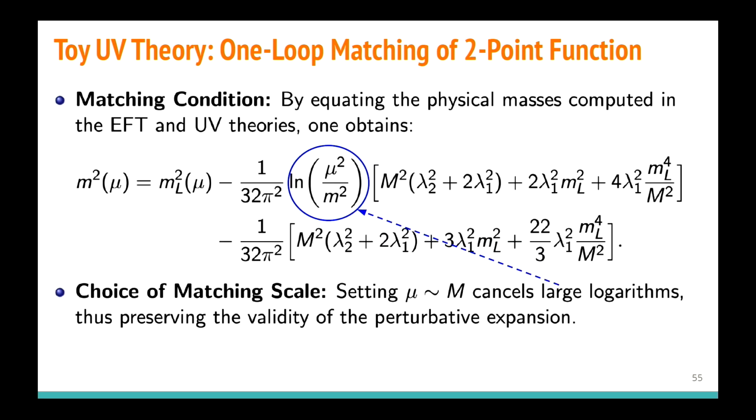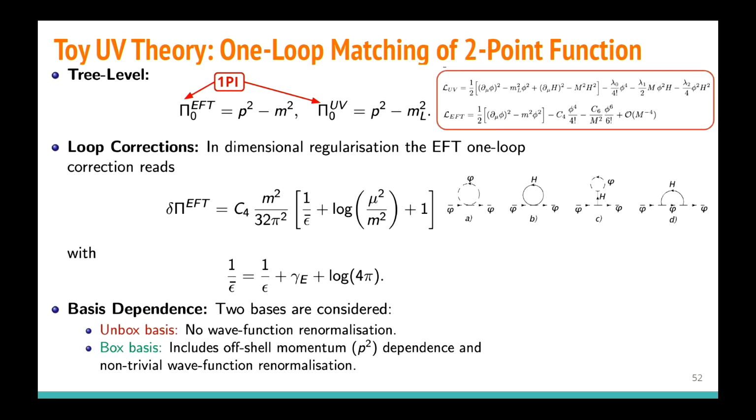The difference between the two Lagrangians is that this part is exactly the same, the del mu phi squared and the m squared parts are the same. However, when we come to higher dimensional operators, if we take a full theory and integrate out the heavy physics like the heavy field H, then we do not have any remnant of the H here. What we have is some phi to the power 4, some phi to the power 6 and so on.